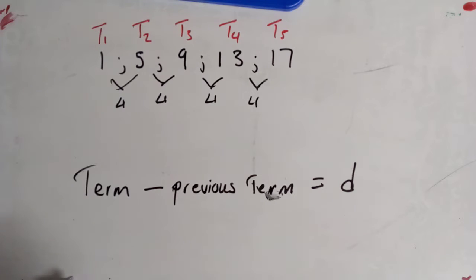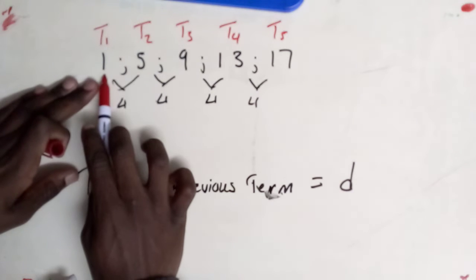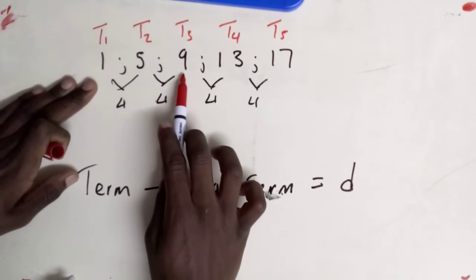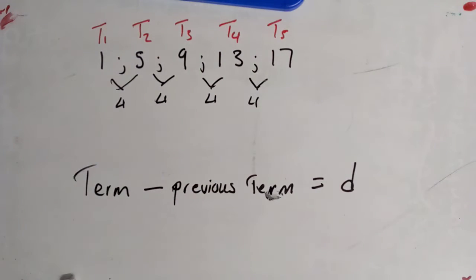So we have term number 1 being 1, term number 2 being 5, term number 3 being 9, and so on. Let us use this formula.